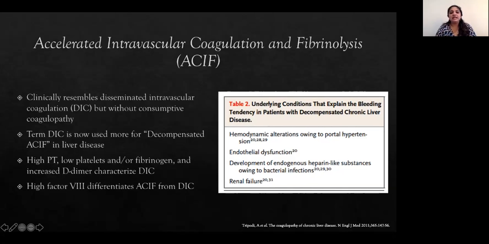And this term is used for more like a compensated DIC. Now, when you start having more and more consumptive coagulopathy, it becomes decompensated, and then it becomes the real DIC. The biggest difference between AICF and DIC is factor 8. And when factor 8 increases, you start having the consumptive coagulopathy, and it can get out of control very fast.